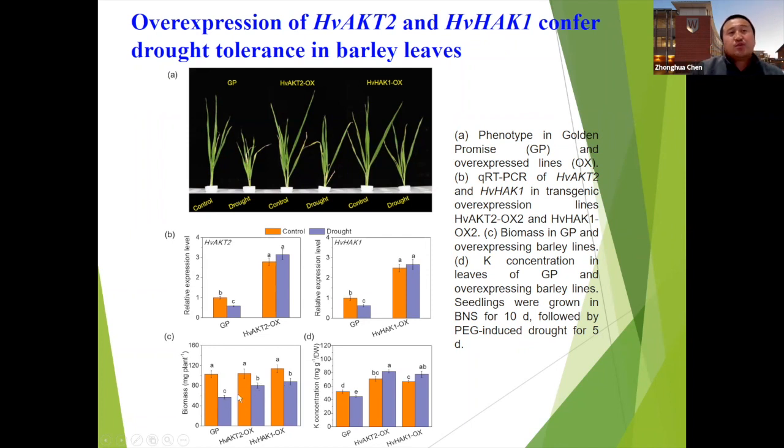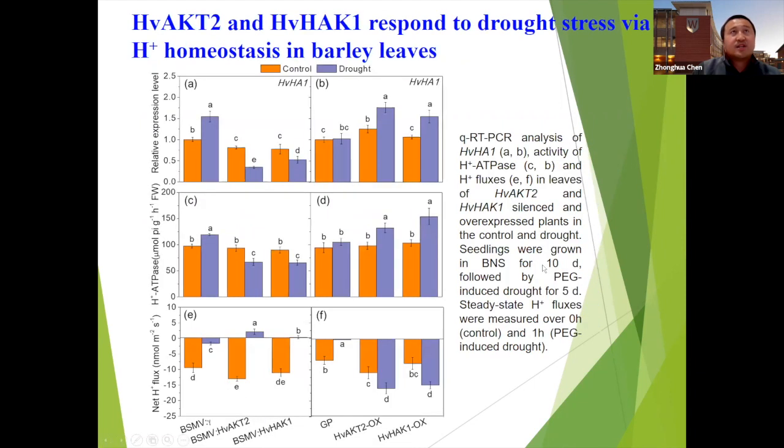However, the increase isn't as great as we expected. I'll talk about that at the conclusion. So the phenotype is quite obvious, and it worked to some extent. Overexpression of those genes will improve drought tolerance, especially in the leaves.